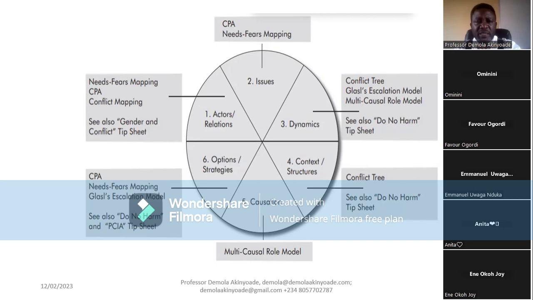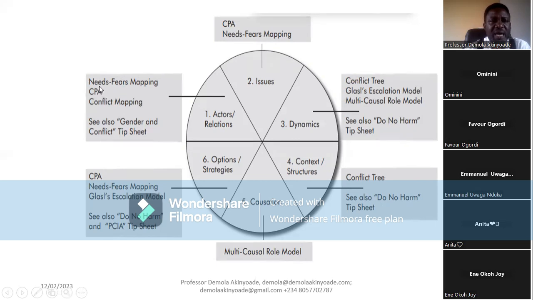Can you see my screen now? Yes, I can. Okay, this is a conflict wheel. Actors/relations is the first sector. That is number 1. Now, we identified 3 tools to be used here. One tool is conflict map. Another tool is CPA, conflict perspective analysis.